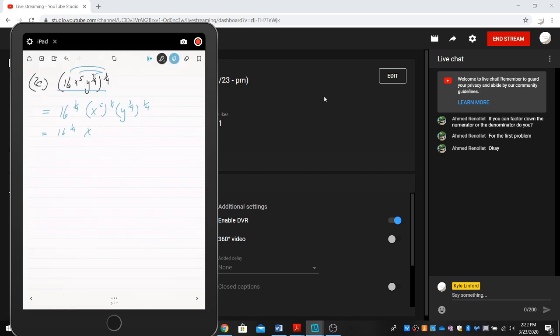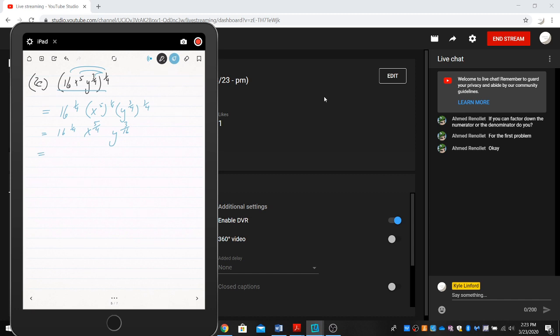X to the 5th to the 1/4 power means we multiply them together, so we get 5/4. And then here we have y to the 3/4 times 1/4, which is the 3/16 power. Okay? Hopefully this is making sense. Again, this is just the rules of exponents that we've been working with before. Let's go ahead and start simplifying and maybe converting things into radicals, okay?